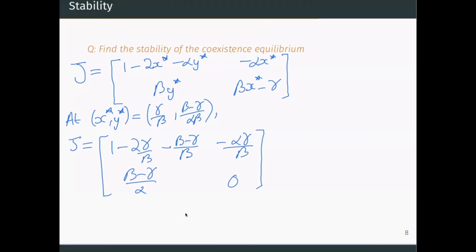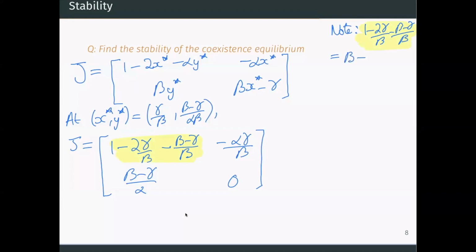Okay, so we can do a little bit of simplification here. Let's just think about this term up here. We can write 1 minus 2 gamma over beta minus beta minus gamma over beta. I'll just indicate this yellow highlighted region is the one that's from our Jacobian. We can simplify this into one fraction.